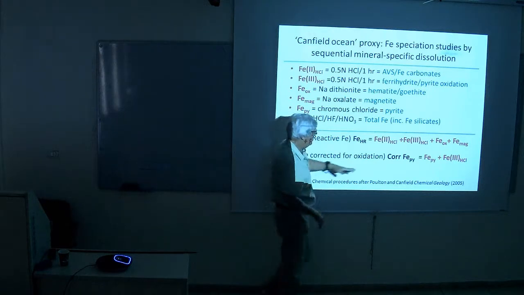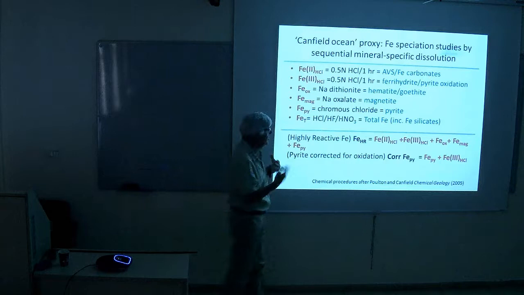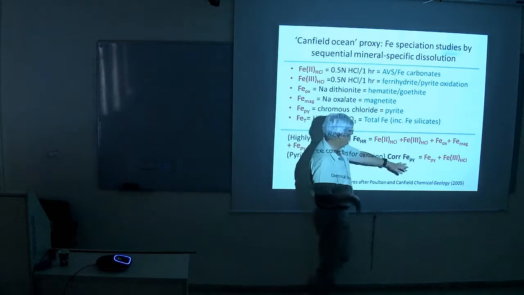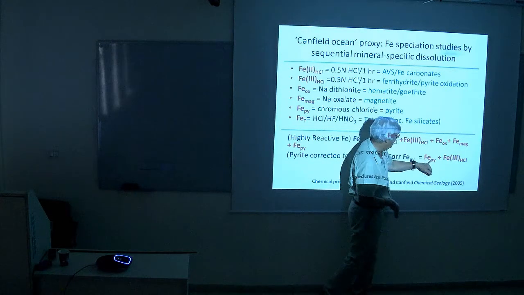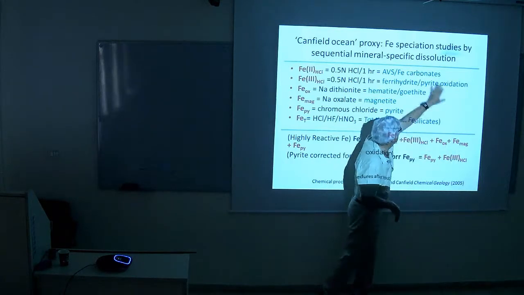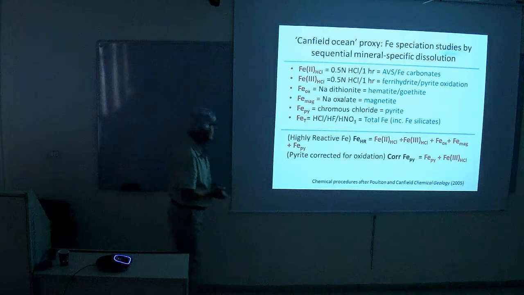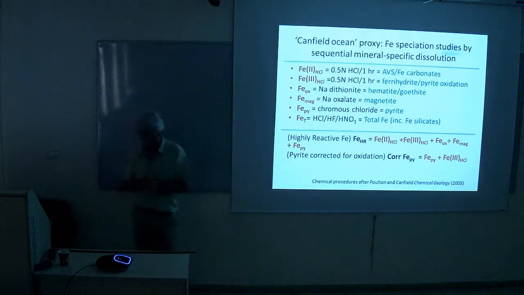So part of this pyrite has already been converted to some kind of oxide product. To measure this, we combine the Fe pyrite with this Fe3HCl, and this gives a maximum estimate of the amount of pyrite that was there in the rock at the time of formation.